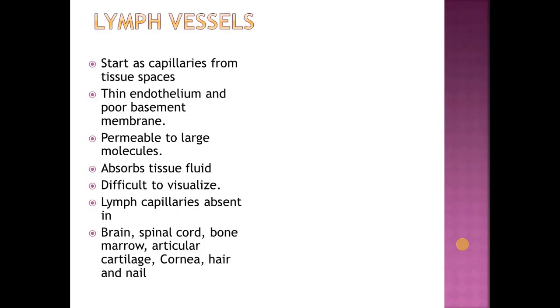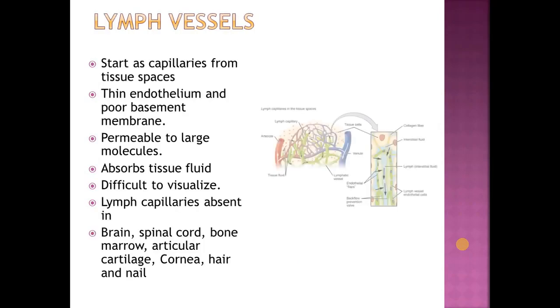Okay. What are the characters of lymph vessels? When you look at the lymph vessels, they also start as capillaries, called lymph capillaries. This is an arteriole, this is the capillaries of the circulatory system, and this is the venous end of the capillaries.